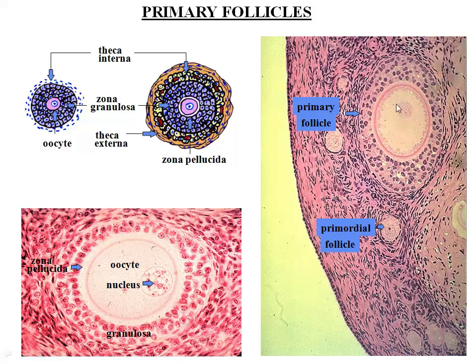So the formation of these two layers, zona granulosa and zona pellucida, happens in a primary follicle, and they are absent in a primordial follicle. In a primordial follicle, you will not see this glycoprotein layer, the zona granulosa and the theca externa. In that case, there are only stromal cells and the oocytes with surrounding follicular cells. But as they go on developing, they form this new terminology.